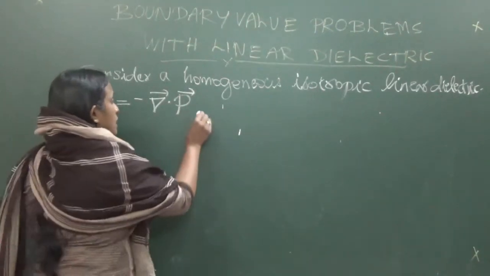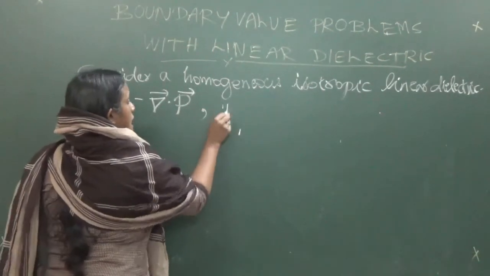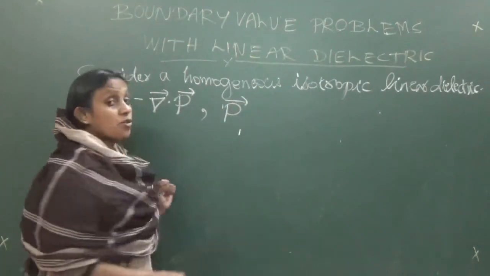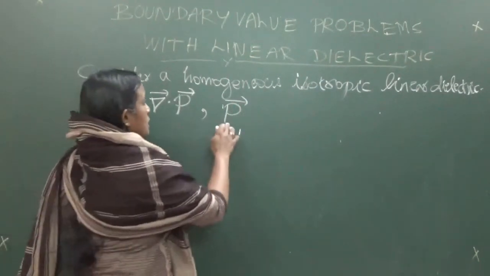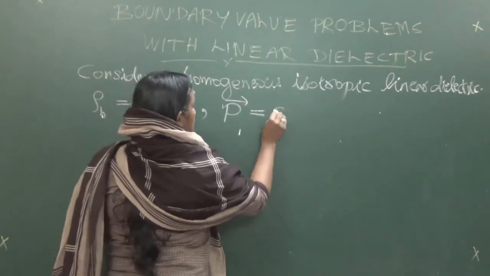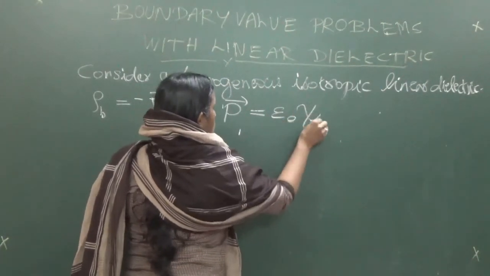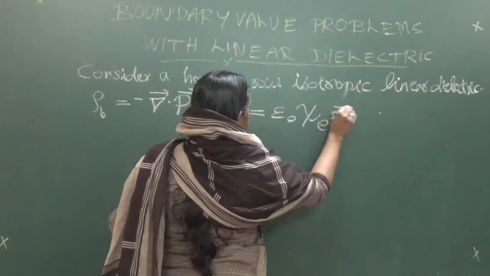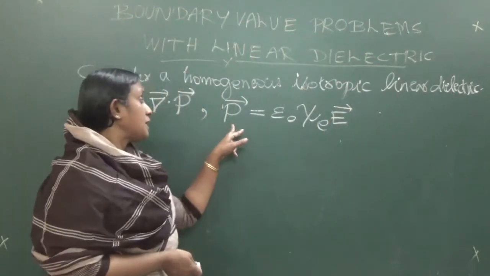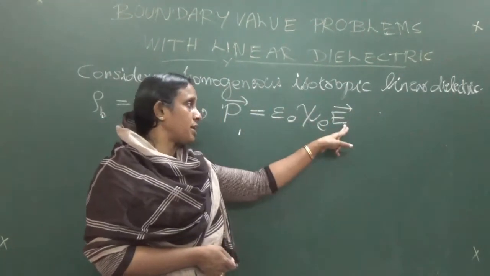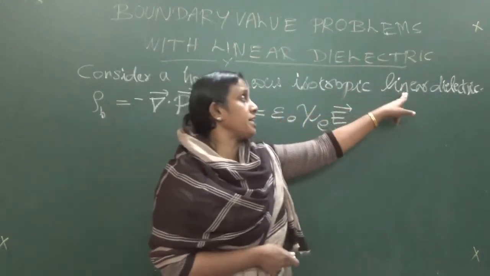We also learned that in the case of a linear dielectric, this polarization is given by epsilon 0 chi e E. Here you can see that the polarization is proportional to the electric field, so it is called linear.